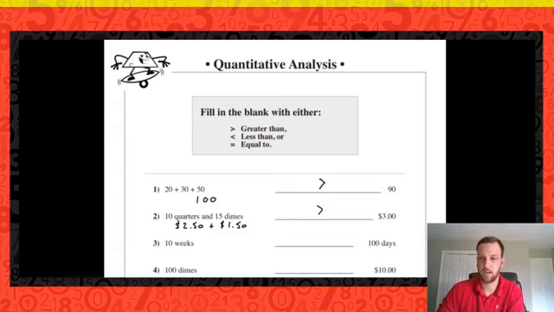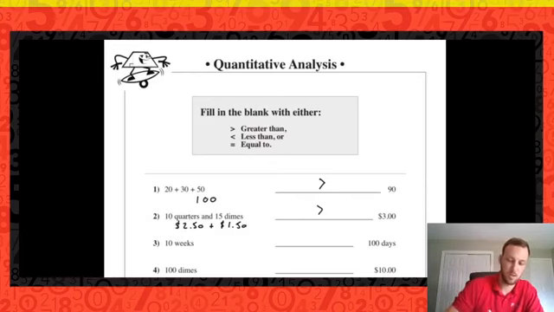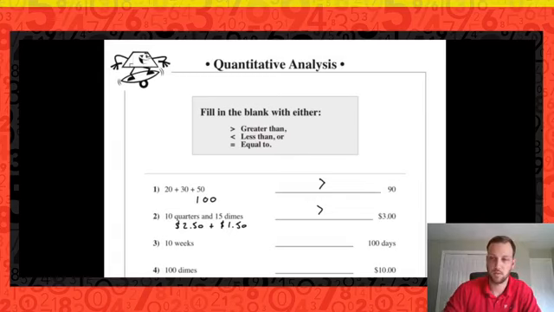So we're on the second half of page number 1. 10 quarters, 10 dimes, and 10 pennies. Is that greater than, less than, or equal to $10? Let's go ahead and work on getting the left-hand side to be in dollars as well. Easier to compare it that way.